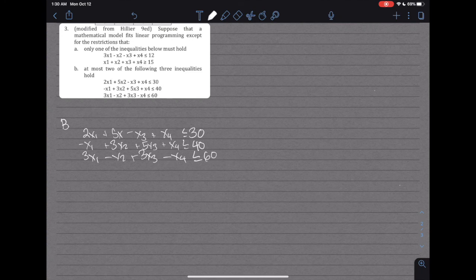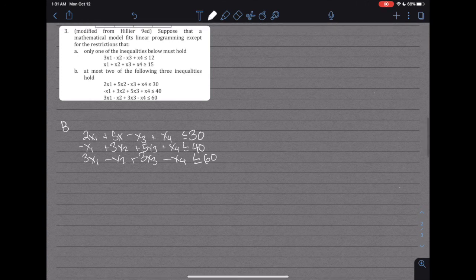We now look at example B, or problem B. It holds except for the restriction that at most two of the following three inequalities hold. So example A is what we call an either-or constraint, and problem B is an at most constraint.